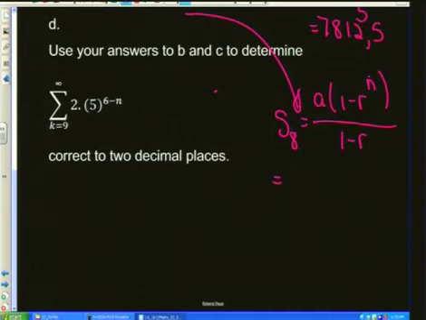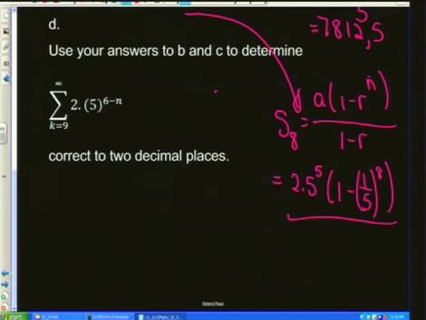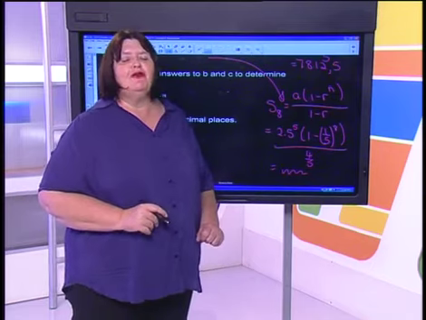So it's equal to your A, which is 2 times 5 to the 5, times 1 minus 1/5 to the 8, over 1 minus 1/5, which is 4/5, which we're going to stick in the calculator and get an answer. Okay, I'm going to be lazy and leave it there because I really think I'd rather finish the question than leave it halfway.